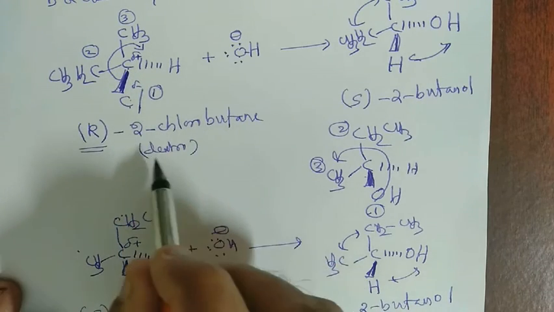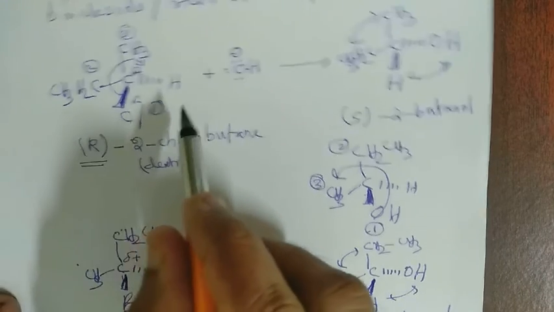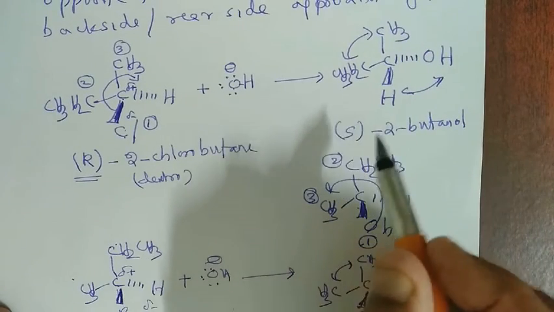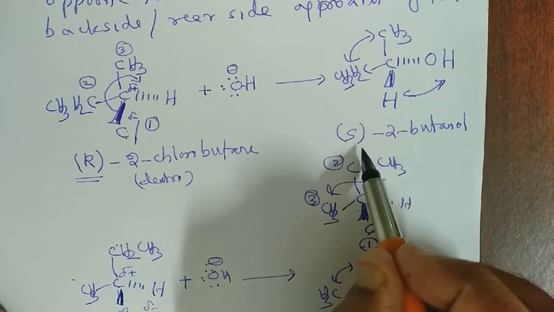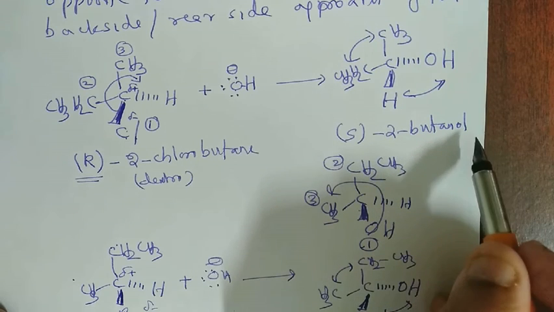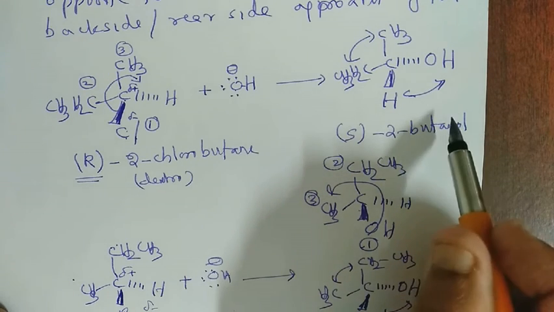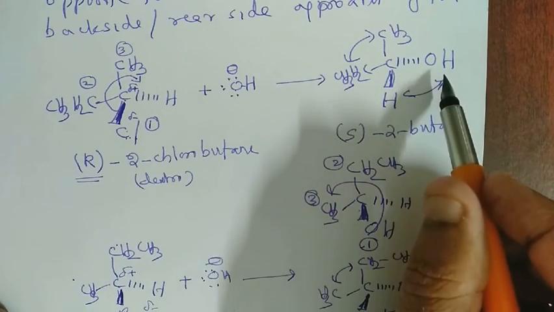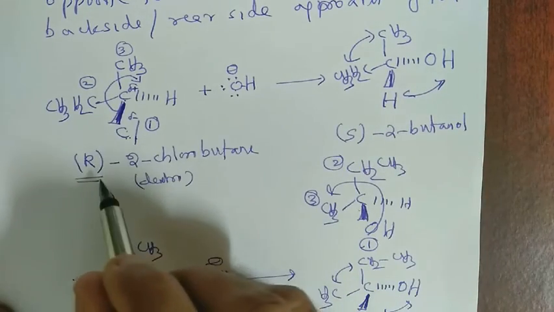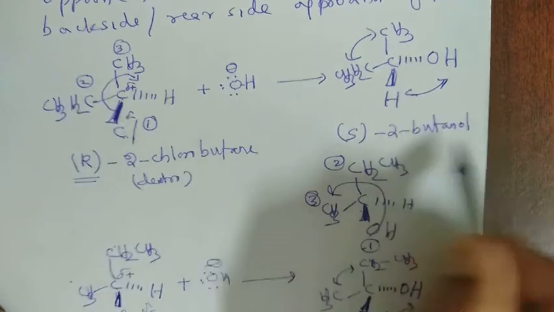So a dextroisomer in an SN2 reaction gives a product that may be dextrorotatory or levorotatory because the compound is different. Here it is an alkyl halide, here it is an alcohol. So the R isomer gives the S isomer.